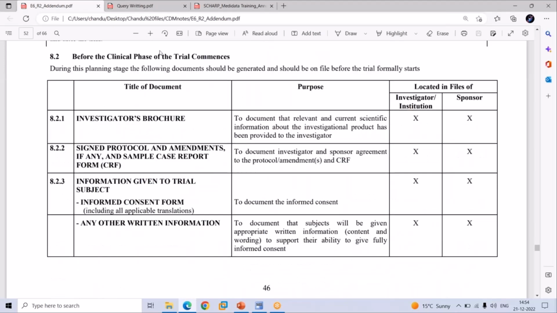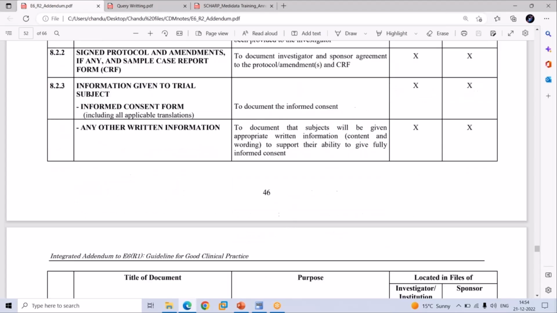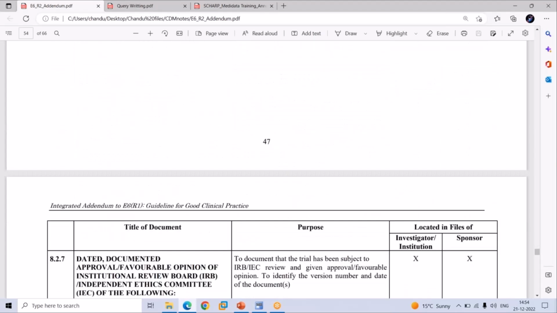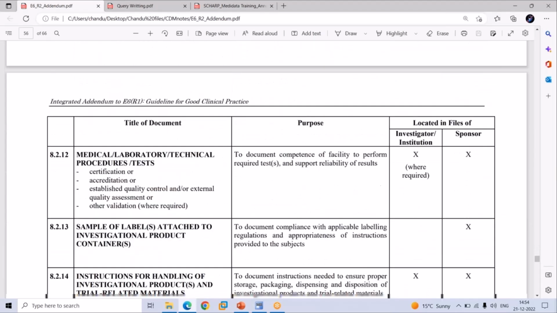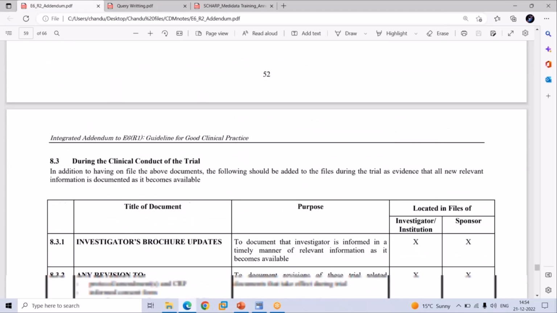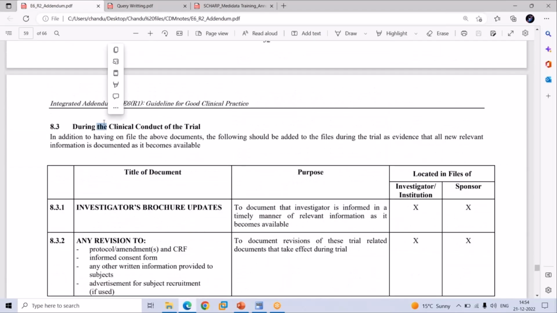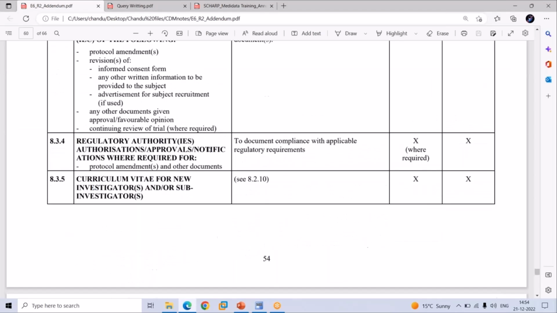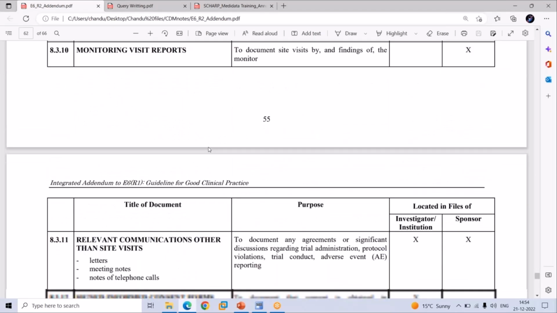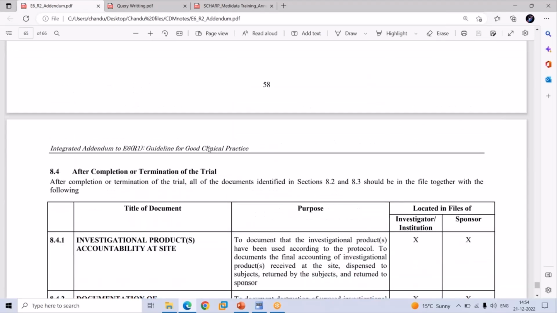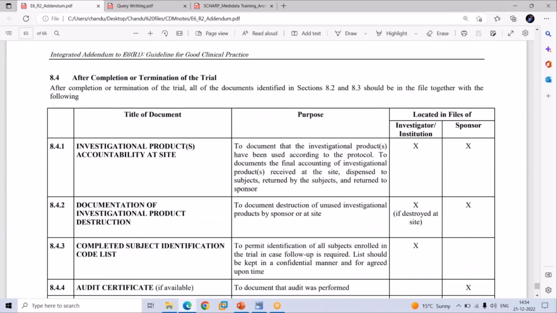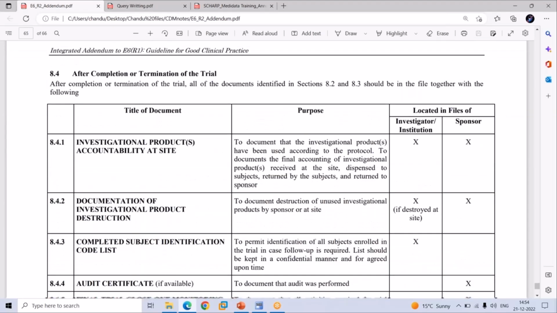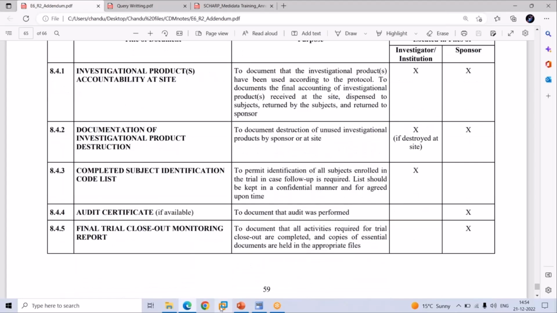Some documents are needed before the trial, with continuation of these documents even during the trial, in addition to updates and modifications. And after the trial also we'll maintain these documents.